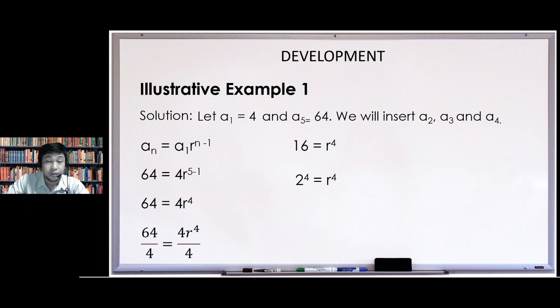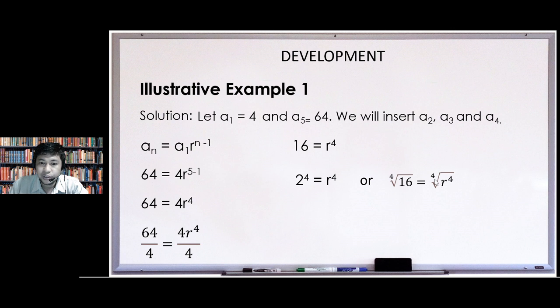Or we can also show the solution in this manner. To get rid of the exponent 4 in our equation, we get the 4th root of r raised to 4 as well as 16.